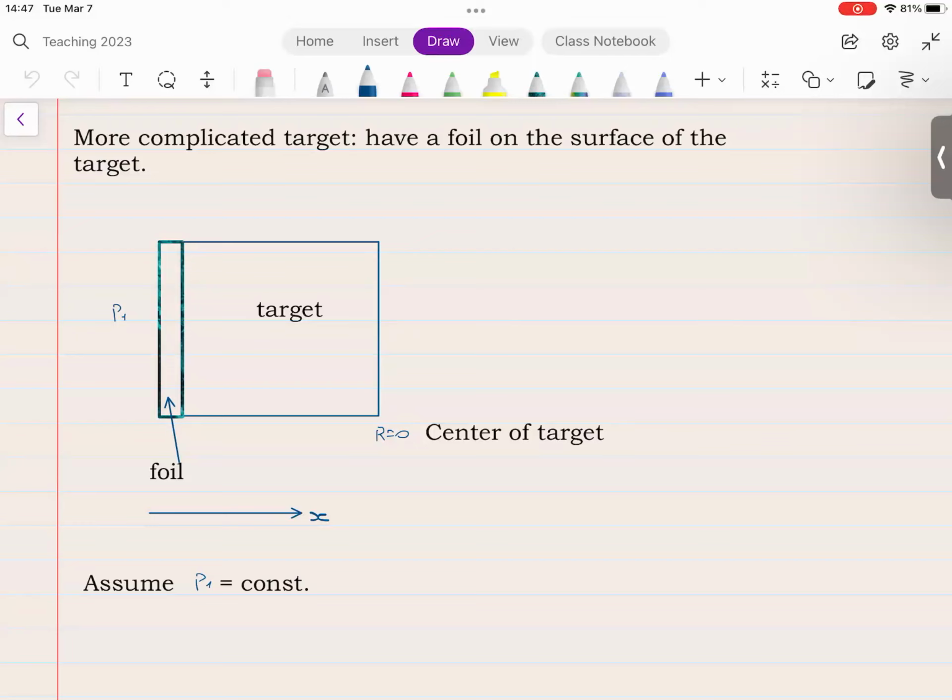And it turns out that those quantities I'm going to write in a moment are going to depend on this thickness that we're going to call delta R. To clarify, foil thickness is delta R, and target size is going to be R.